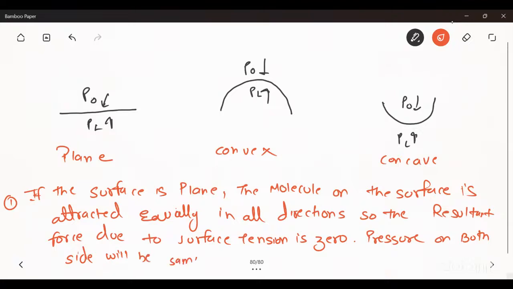Now consider the second case in which the liquid pressure is greater than the outside pressure. So in that case, the surface will become convex.